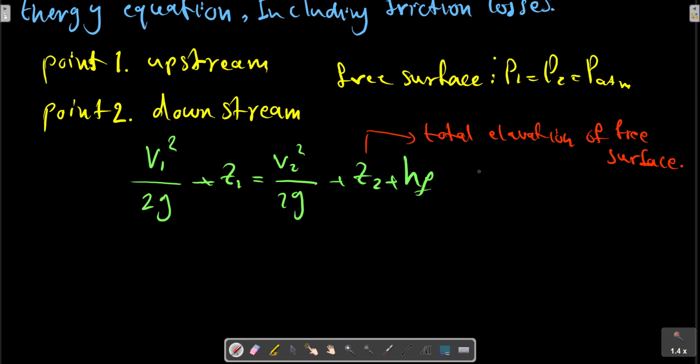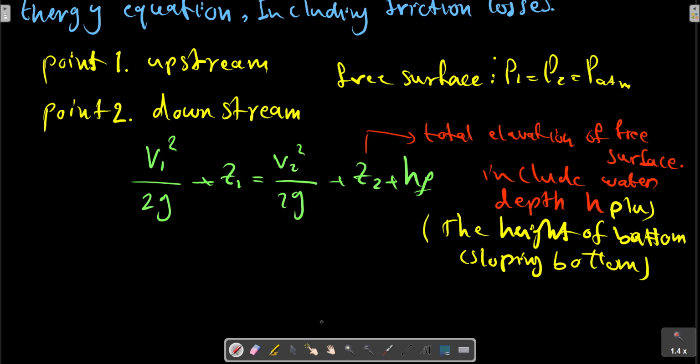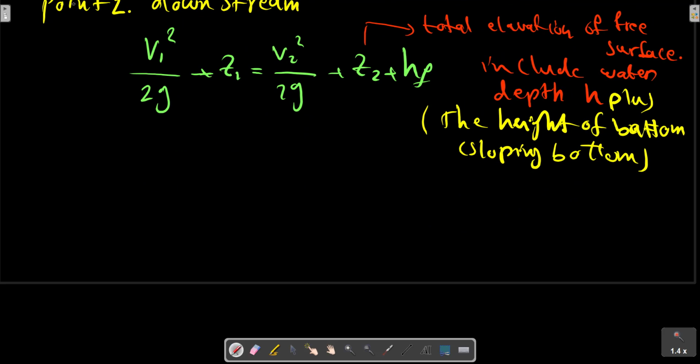Which includes the water depth, H, plus the height of the sloping bottom, for example. This is for a steady flow.